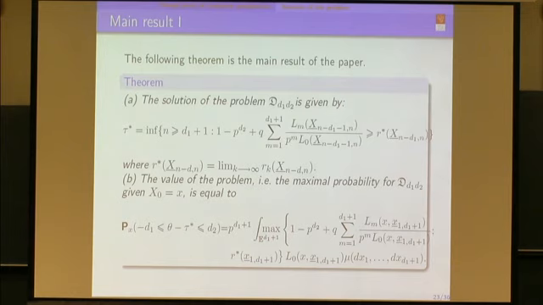And here is also the form of the payoff function, but it is maybe not important. So the most important is the observation from this calculation that this threshold depends on D1, a vector of length D1 plus 1.